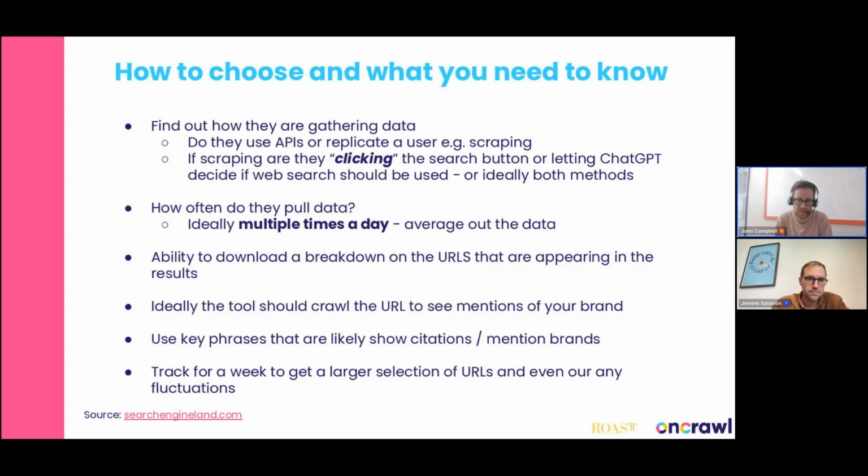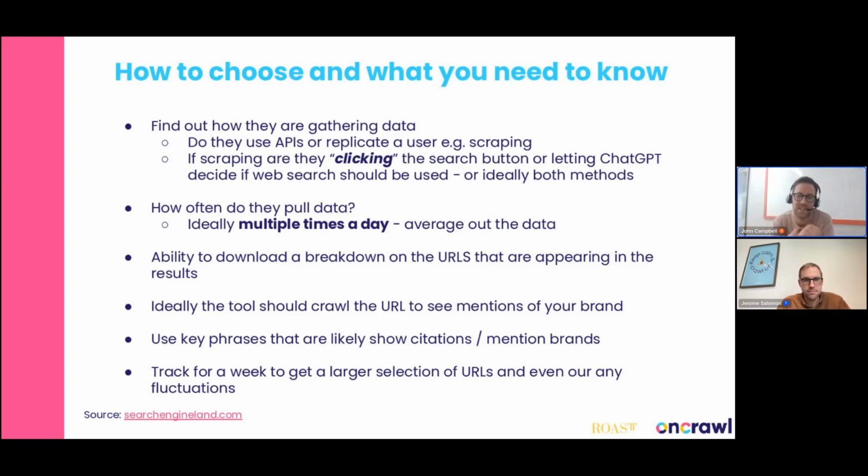Sometimes it decides to do a web search with search grounding, and other times it doesn't. If these tools aren't clicking the search button, it just gives you the information. It says here's what the tool said. It doesn't give you any URLs, and it's not as useful.